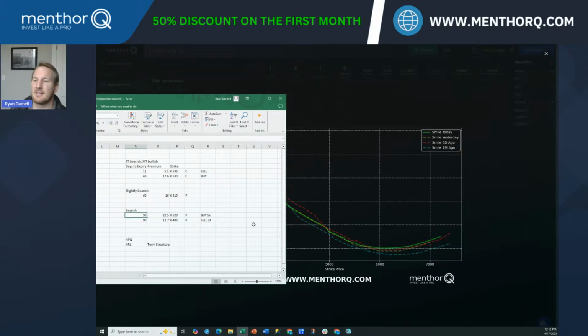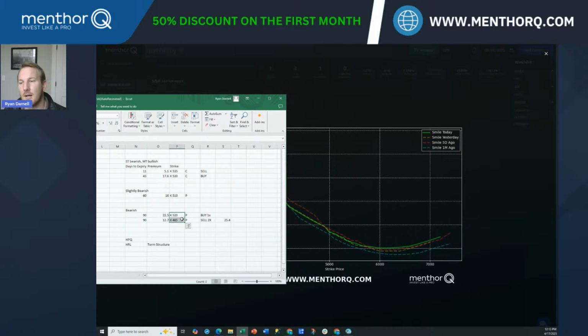I did this 90 days out, 3 months out, so the July option expiry. You'd be paying 22.5 for a 520 put on SPY, and you'd be collecting 25 and change. So you would net about $3 in premium. And then you would be short SPY from 520 all the way down to 485.